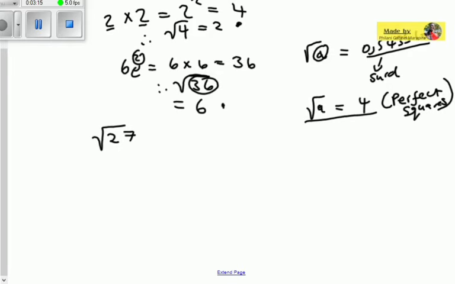So how do we then estimate its value? You have to look at the perfect square which is before it and after it. So you have to look for the value of this and this. You can see that there is the square root of 27.